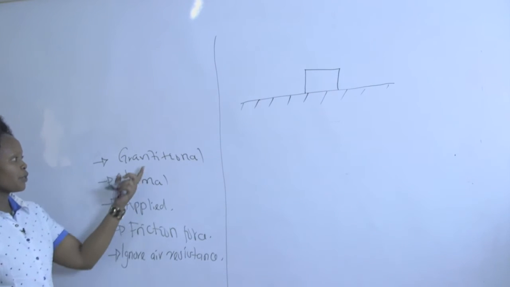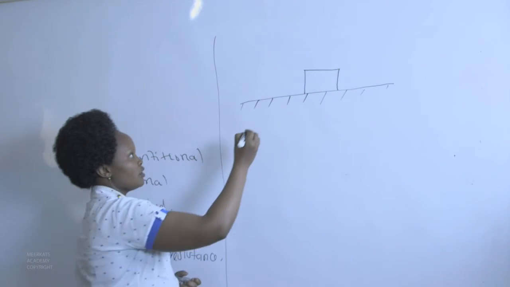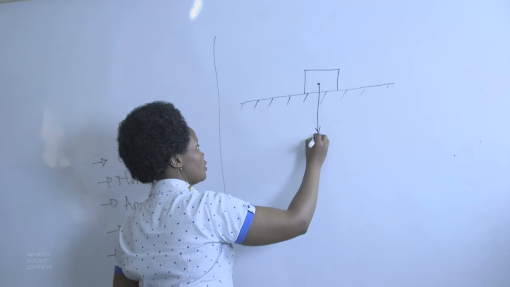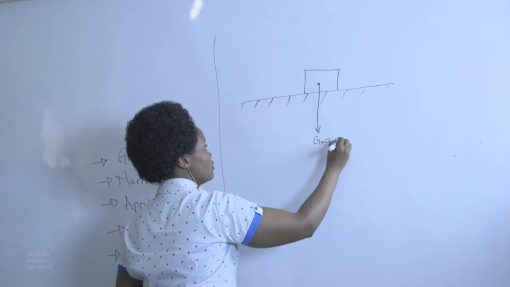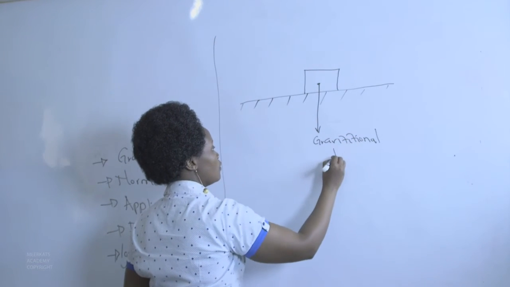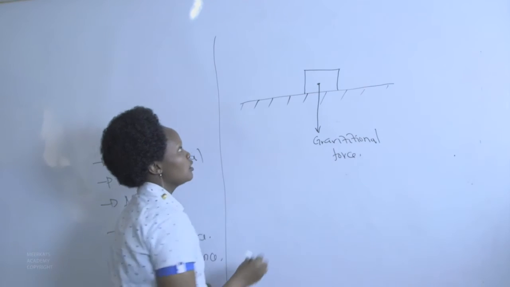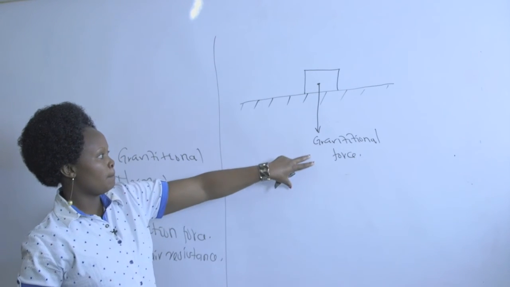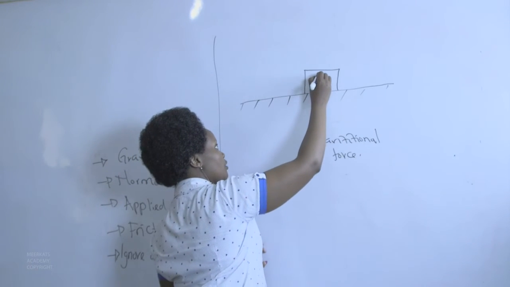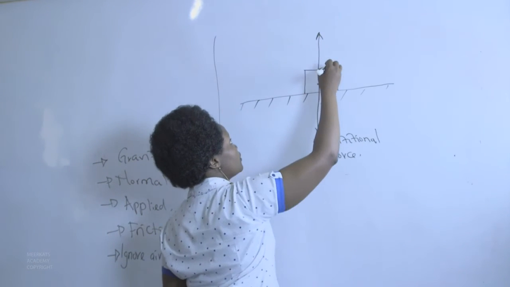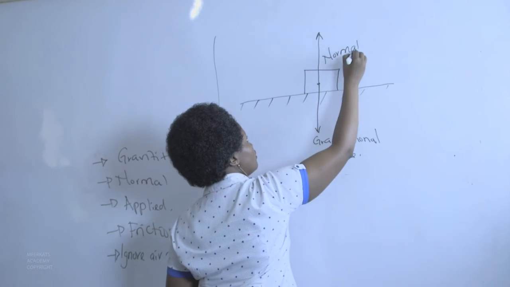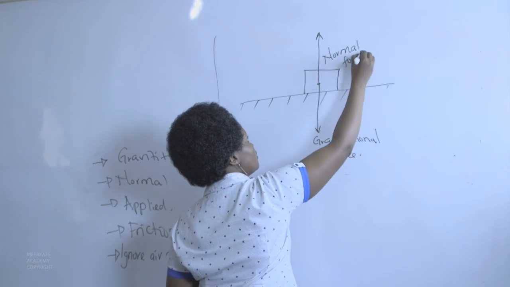So therefore, the first one is gravitational force, which is now cancelled out by the normal force.